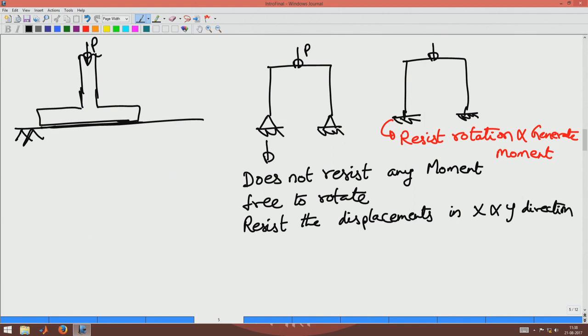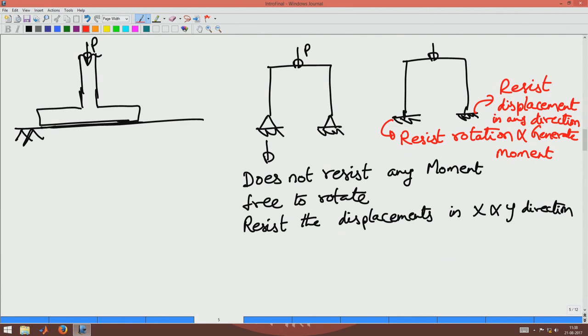Similarly, this fixed support will also resist displacement in any direction. Okay. So, that is the meaning of these supports.